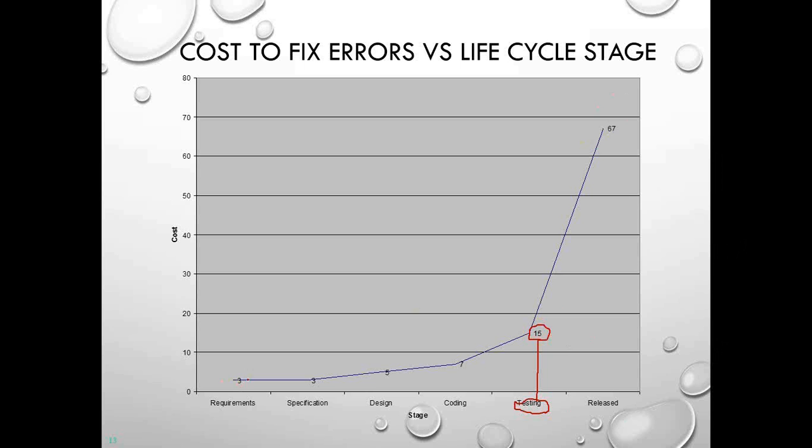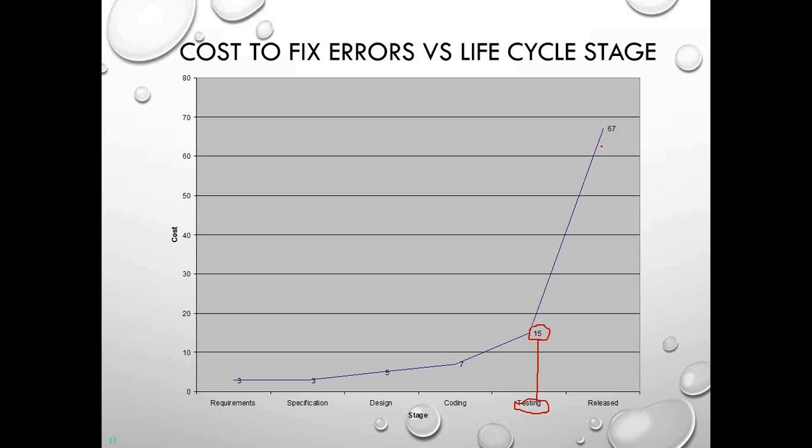Initially, it's just $3 if you identify it in the business requirement phase or the technical requirement phase. A little higher if you identify it during the design phase. A little higher than that if you find the issue as part of the development phase, but it just jumps the moment it goes past the testing team.